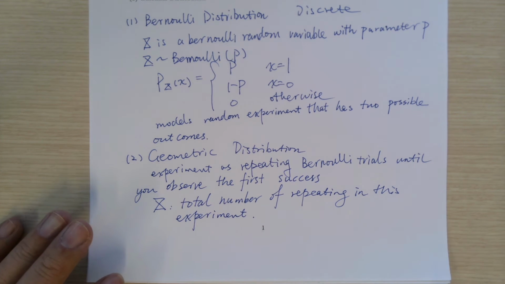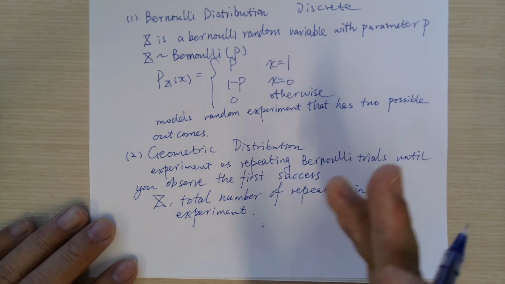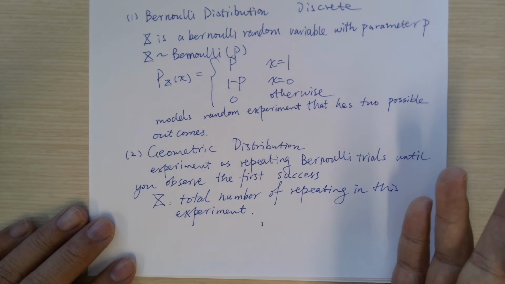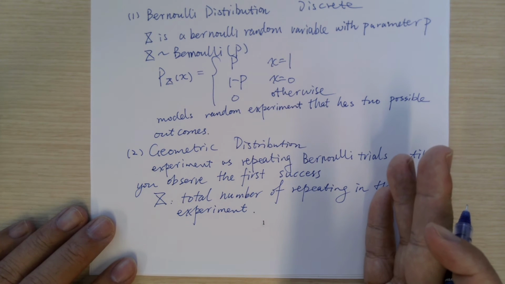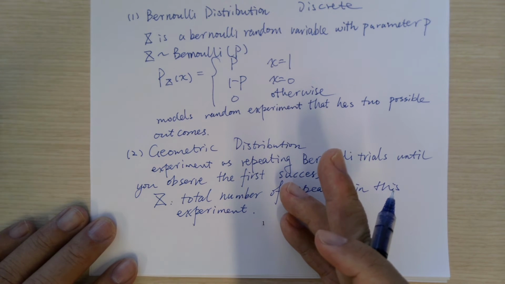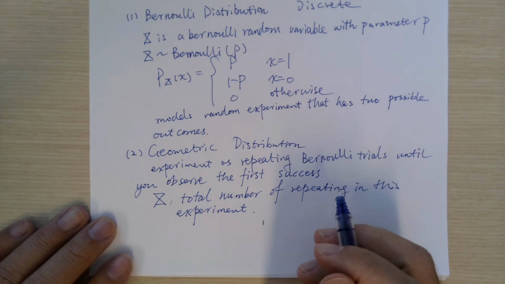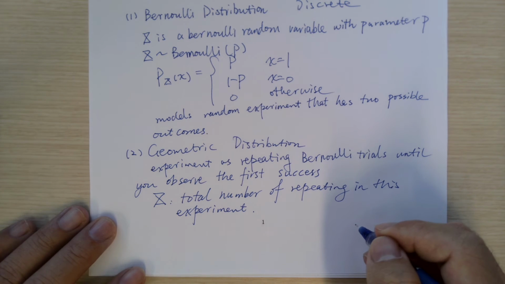Again, if we take the idea of tossing the coin, X is going to be the total number of coin tosses in this experiment. Of course, it's very possible the first time you already observe a head, or the second time you observe the head, where the first time is tail and the second time is head. Or, if X equals 3, you're going to have tail, tail, and then head, right?